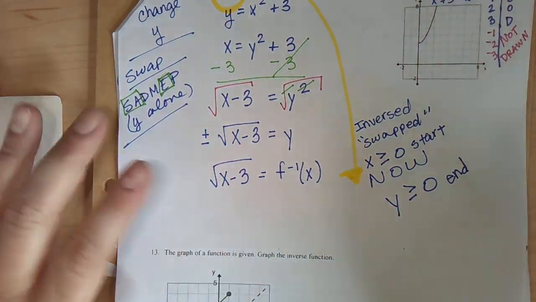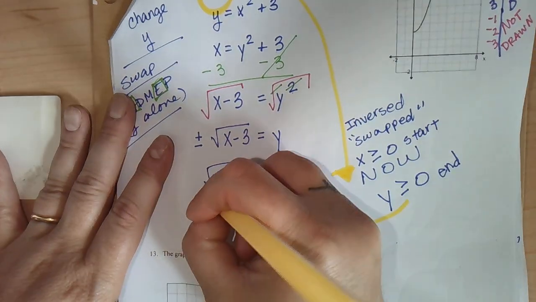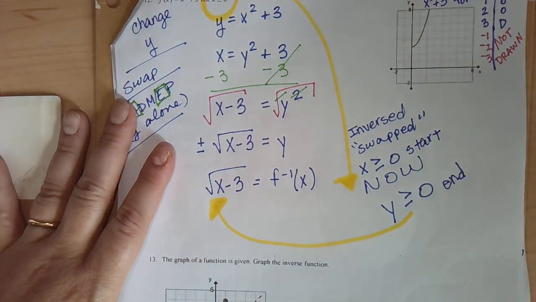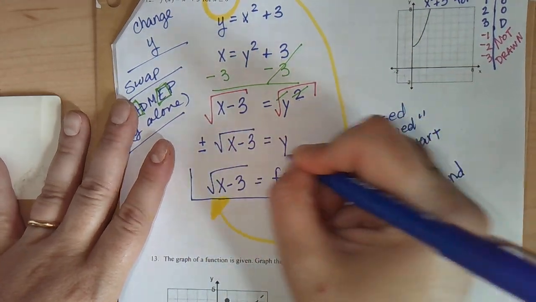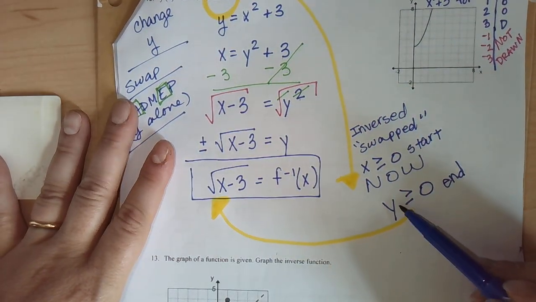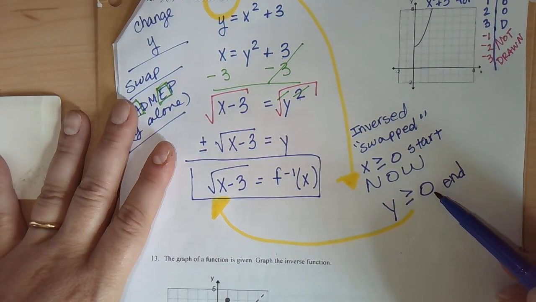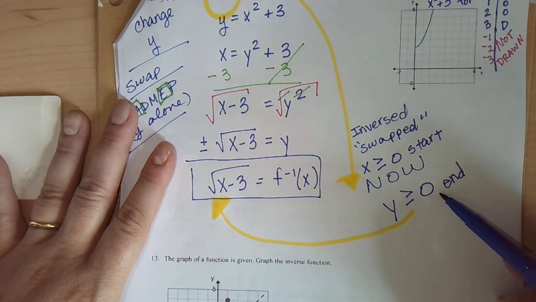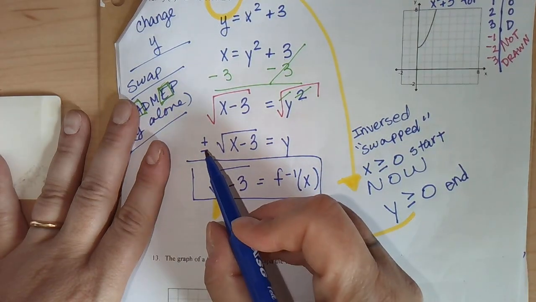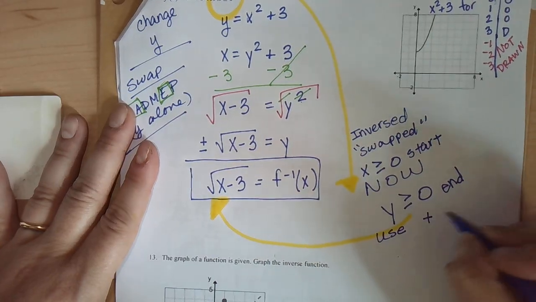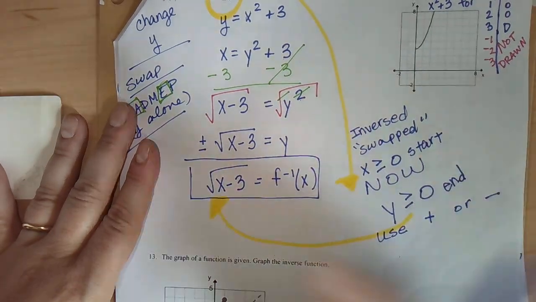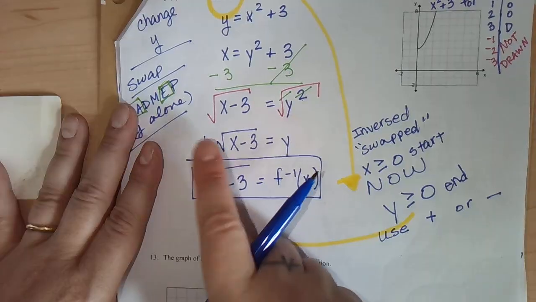And now let's use it to write our final answer for the equation. This says y is bigger than or equal to 0. So do you think that means we use the plus or the minus for that square root?